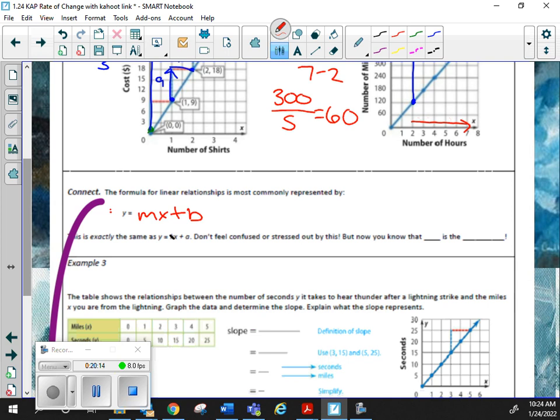It has many different words. That m is my multiplier, and then b is whatever I need to add, like my additive relationship. We talked about it sort of last week. So again, m is talking about my rate of change, and then my b is going to be talking about my y-intercept.